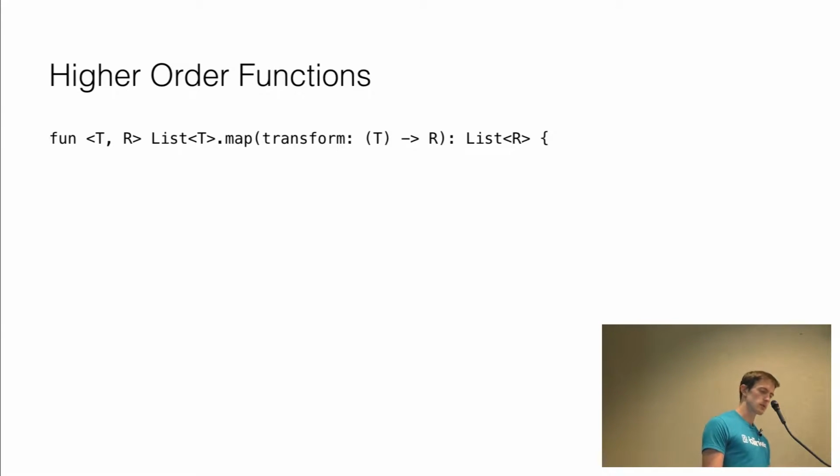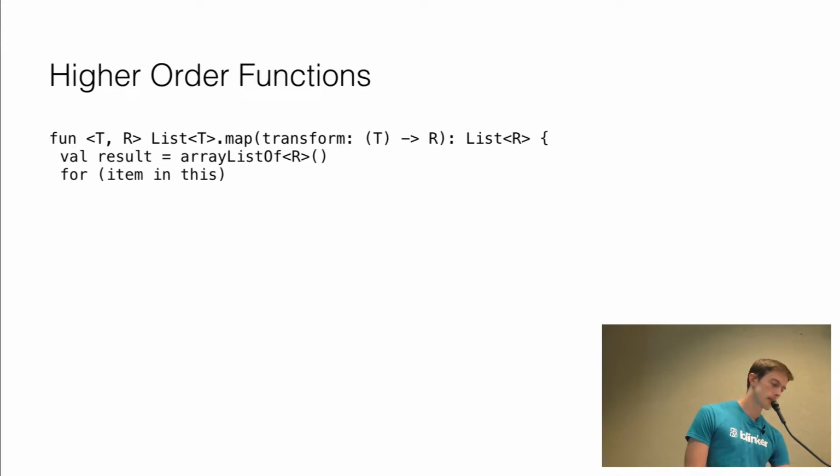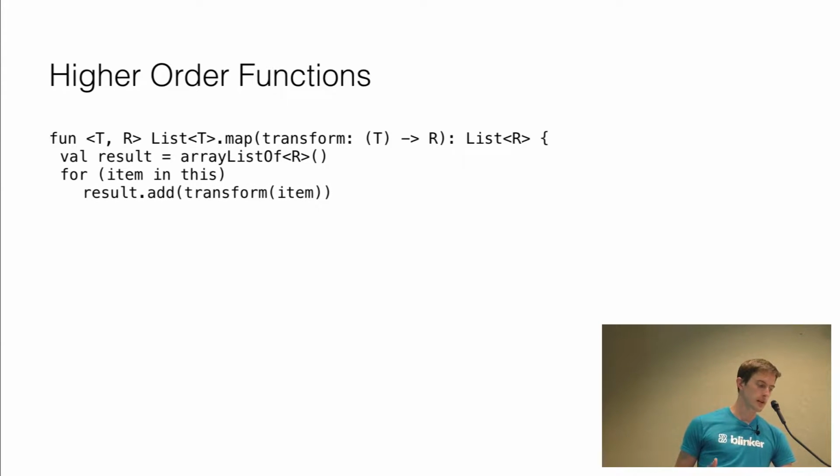So where that can be useful is if I write an extension function for a list, we can map those objects into something else if we want. So let's say I take a list and I pass in a function. We can make a new list and then loop through that initial list, and for every item in there, we'll call that function that we're passed in on it, and then we'll add it to the new list, and then return it.